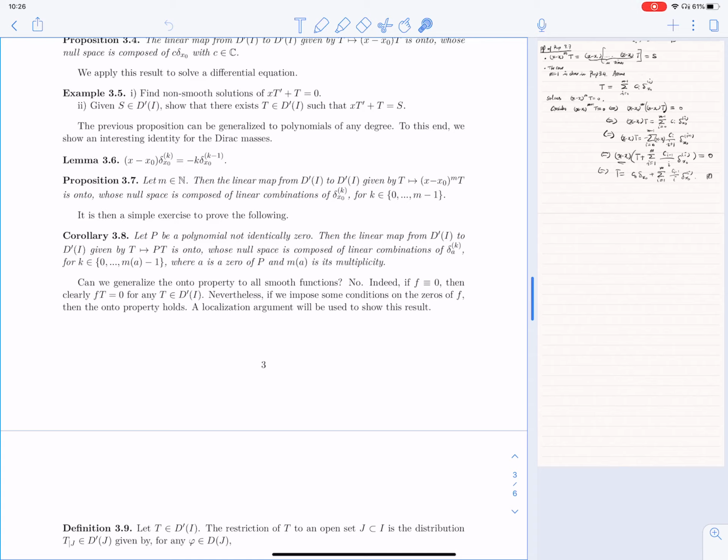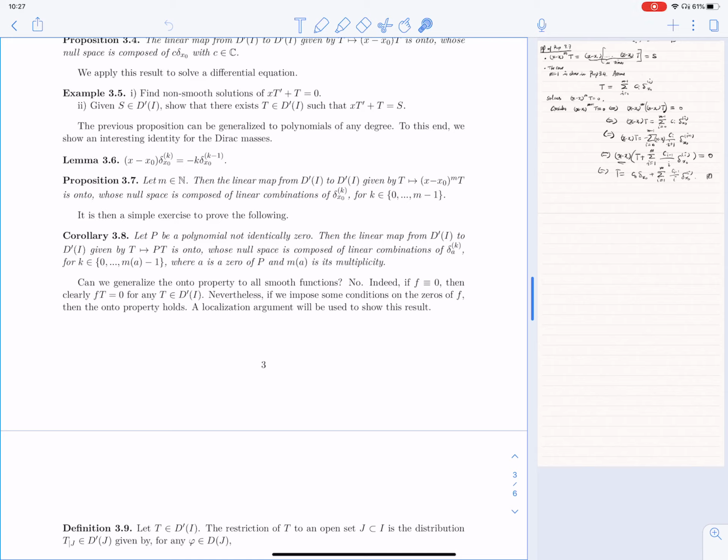It works for a polynomial because a polynomial has only isolated zeros, with certain multiplicity. And we can generalize this property actually.